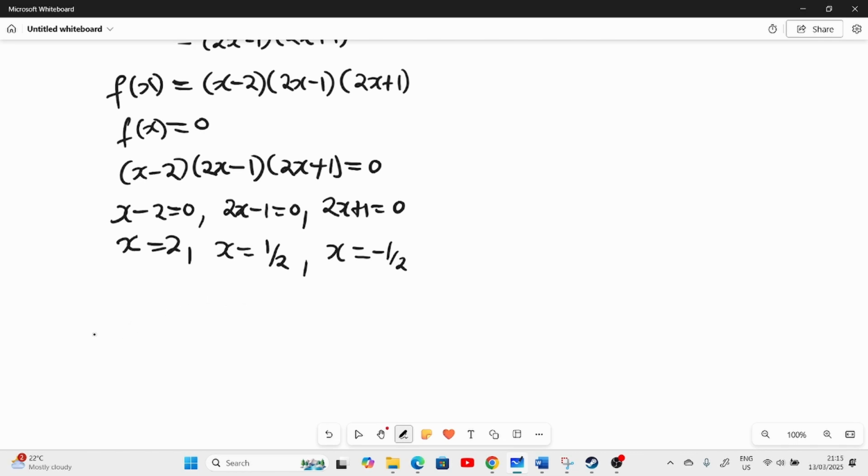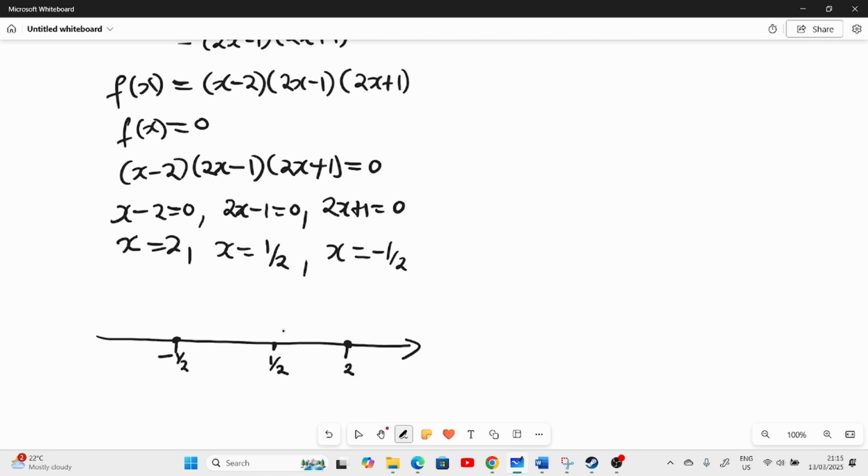So it means when you sketch this polynomial, it is cutting the x-axis at negative half, then at half, and then at 2.